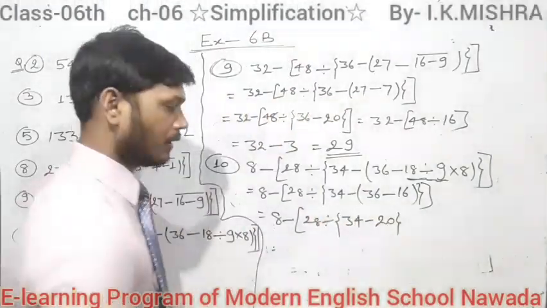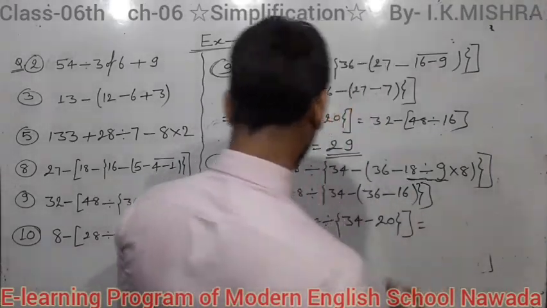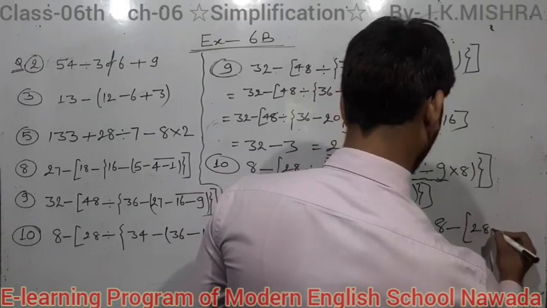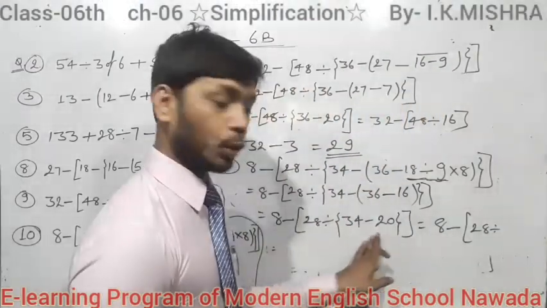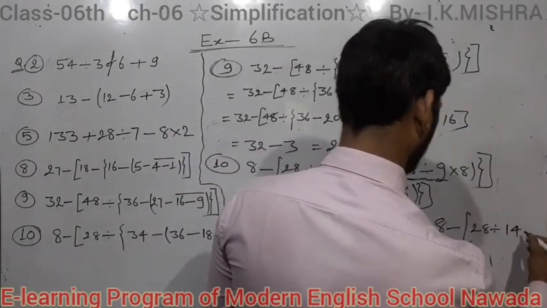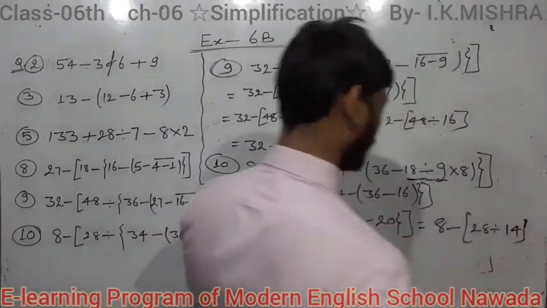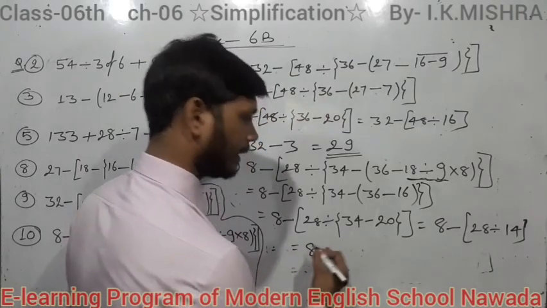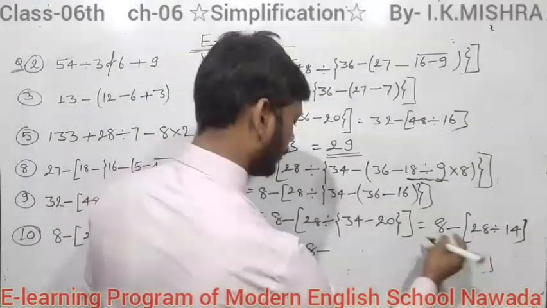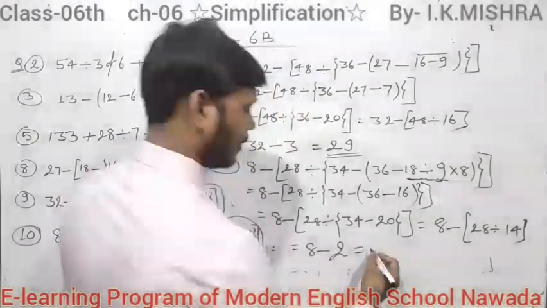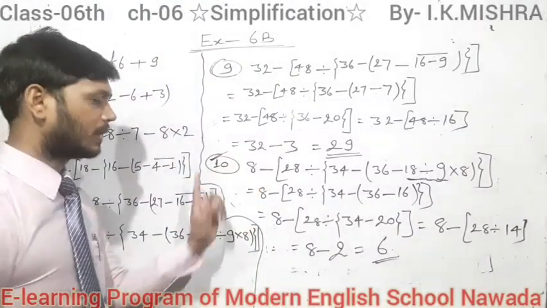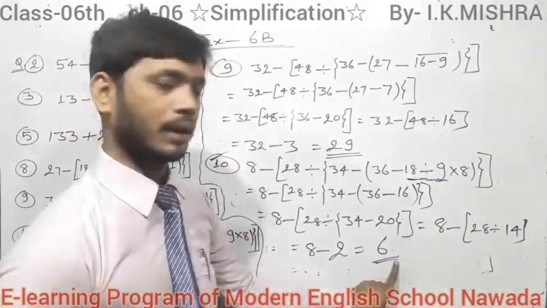Clear, students? Now proceed here. 8 minus 28 divided by, here do the process, and here subtract, then 14. Curly bracket is removed. After that 8 minus here 2 times, so 8 minus 2 is equal to 6. Students, question number 10, simplest value is 6.